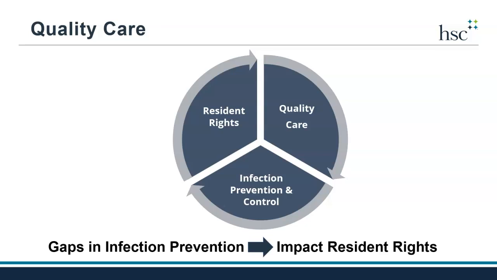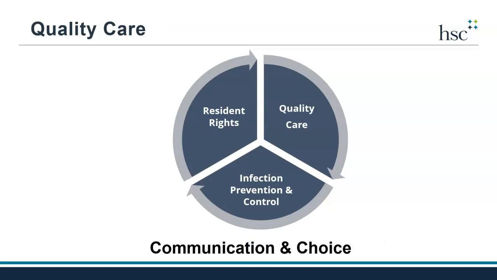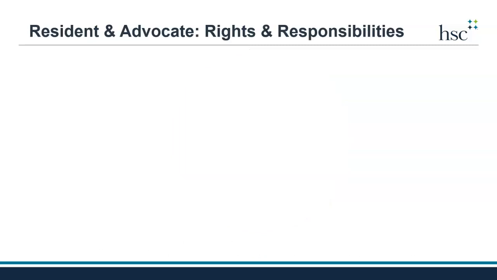When infections are prevented and controlled to deliver high quality care, two major resident rights are protected: communication and choice. Residents have the right to get accurate and timely communication about infections occurring in a nursing home, and if germ spread is occurring at the facility.